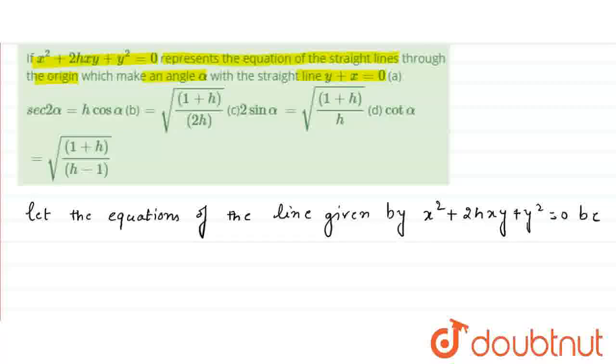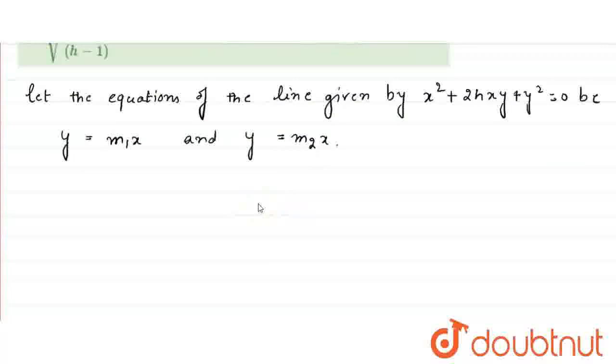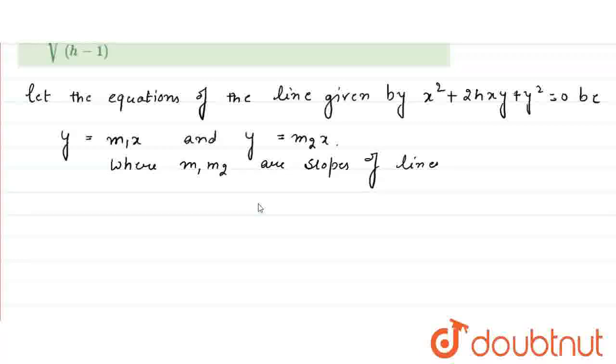We have to assume the equations of lines given by this equation basically, and the equations are, if I write the general equation, y is equal to m1x and y is equal to m2x, since m1 and m2 are slopes of lines, right?